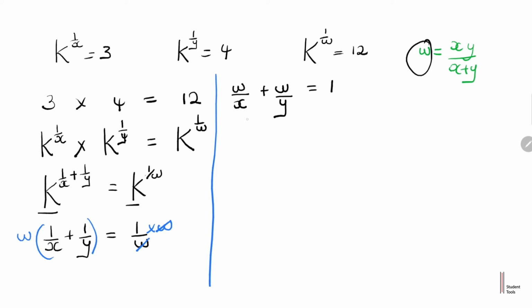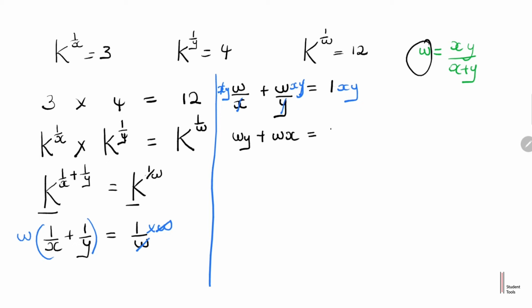To get rid of this x and y, we have to multiply everything with xy. So we will multiply this with xy, also this with xy, and the other side we multiply with xy as well. So this x will cancel this x, and this y will cancel this y, such that we are left with wy plus wx equal to 1 multiplied by xy.